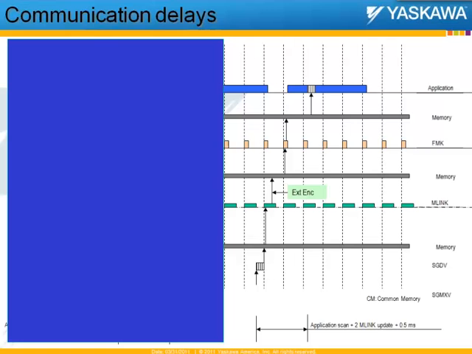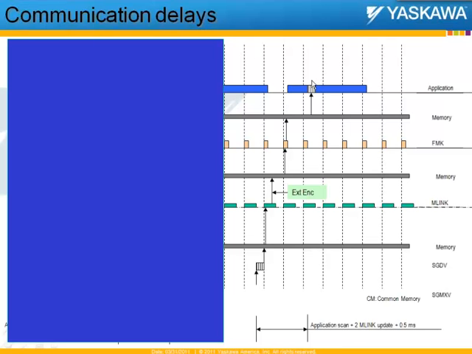Here you can see a flow of data going back from the motor's encoder back into the controller application. This is the controller application scan, and this is where the data flows into the encoder. It goes up into the Mechatrolink packet, goes into the motion kernel in the controller, and finally reaches the application where you read the actual position of the motor. You can see there is a delay of up to or greater than 2 Mechatrolink updates for the data from the encoder to reach the application.